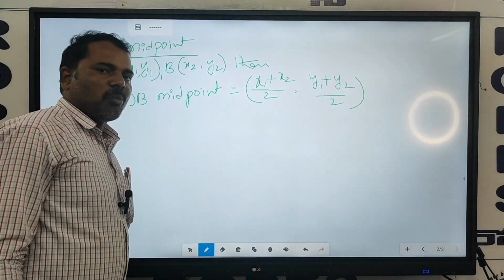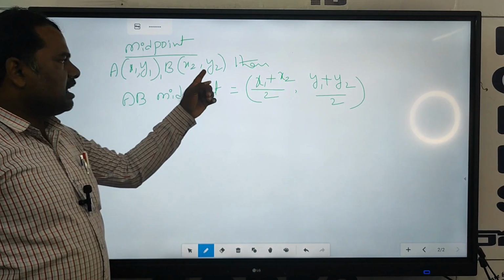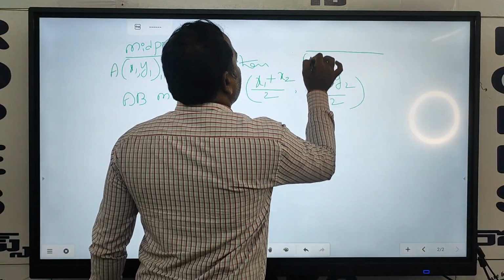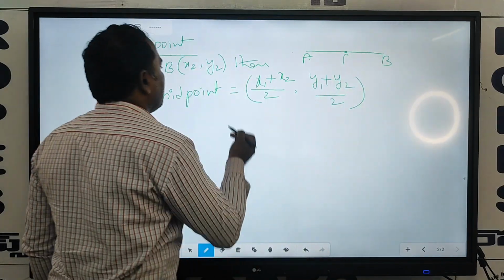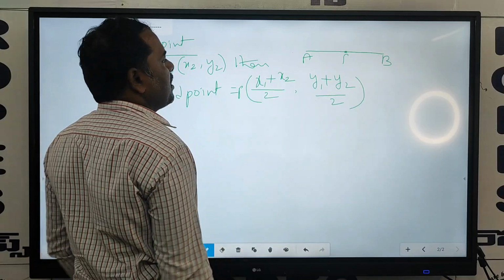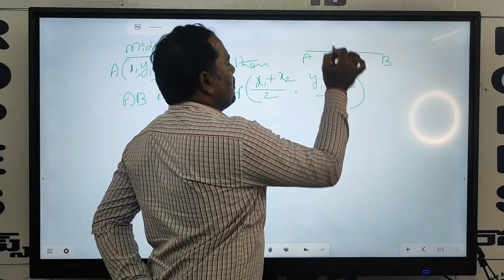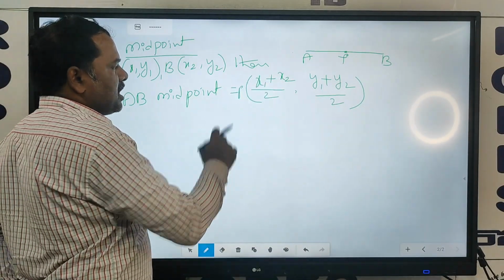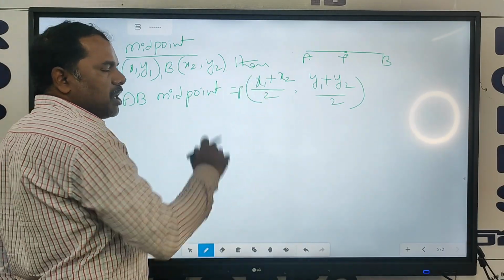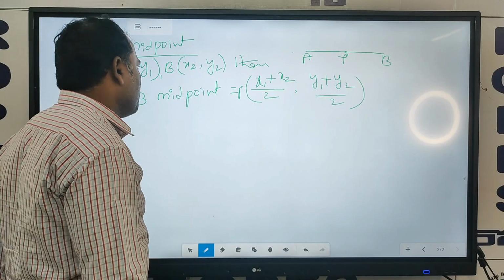This is the midpoint formula. So it is x1, y1 and it is x2, y2. What is the point between A and B? If it is the midpoint P, then the midpoint P of AB is ((x1 plus x2) by 2, (y1 plus y2) by 2). This is the midpoint formula.